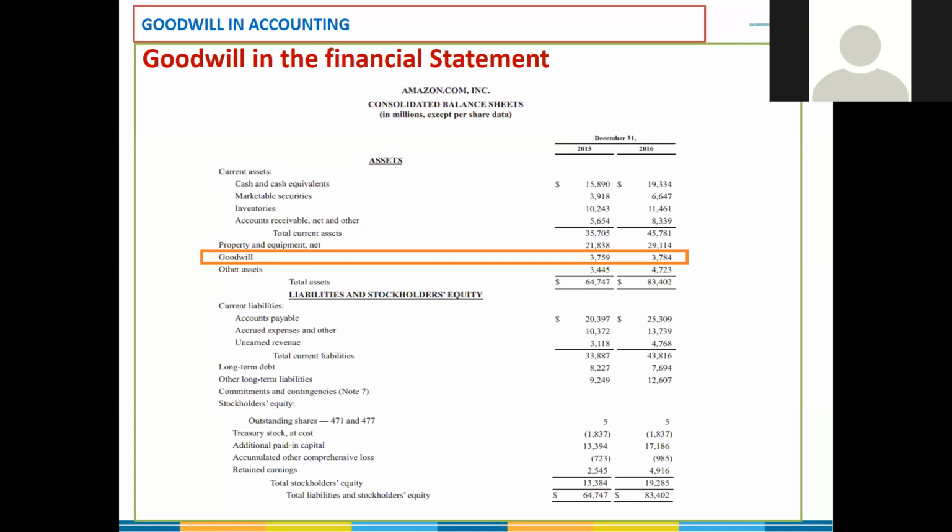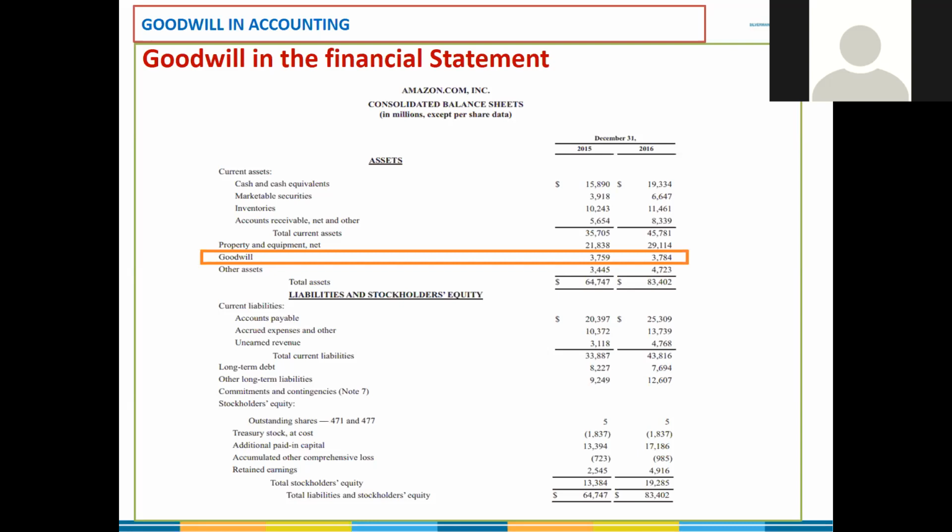So goodwill is part of the asset, but it's normally captured within the property and equipment. Normally it's above. You will put intangible assets before the tangible assets. Okay. Others also have a different way of presenting it, but the fact is that it is an asset, though it is not something that you can see in the company.